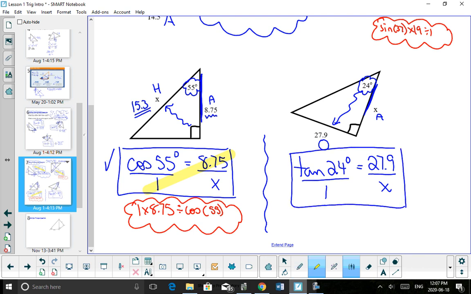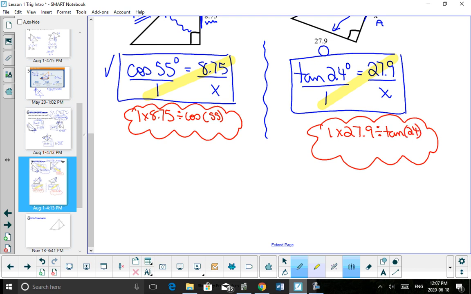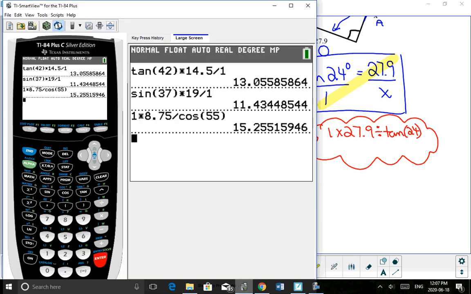The diagonal that does not include the x is this one. So on your calculator, you are going to go 1 times 27.9 divided by tan brackets 24. Again, don't hit second because you're not looking for an angle, you're looking for a side.